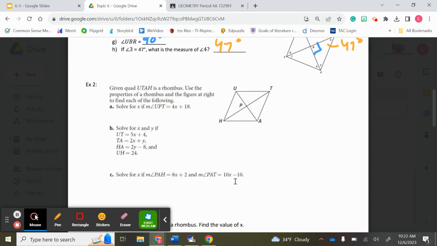Given quadrilateral UTAH is a rhombus, use the properties of a rhombus and the figure at the right to find each of the following. The first thing is to solve for x if the measure of angle UPT, so U to P to T, this one right here, is equal to 4x plus 18. Now in our foldable, the diagonals are what?